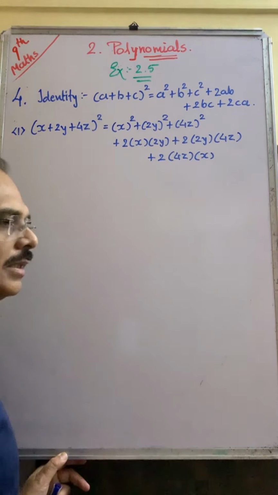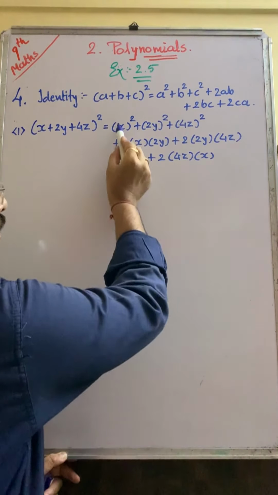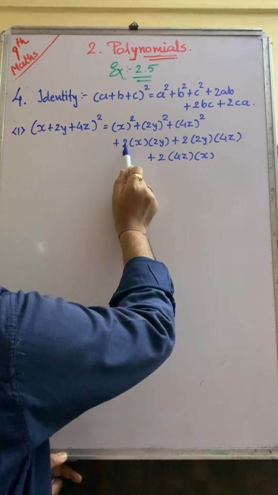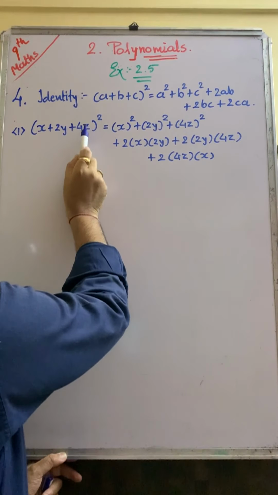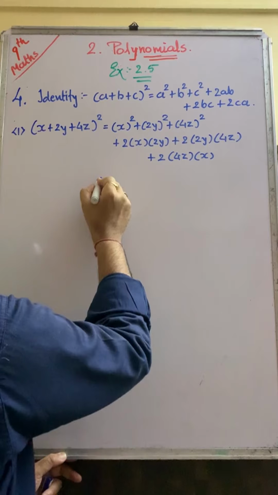Arrange according to the formula: a square plus b square plus c square plus 2a into b plus 2b into c plus 2c into a.